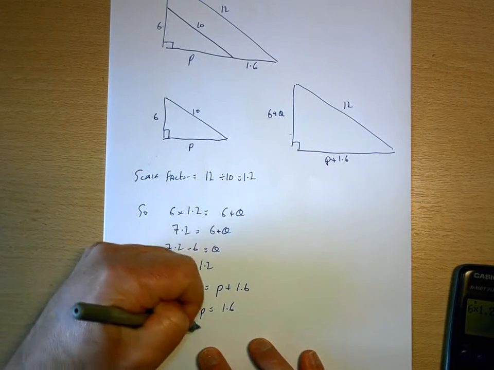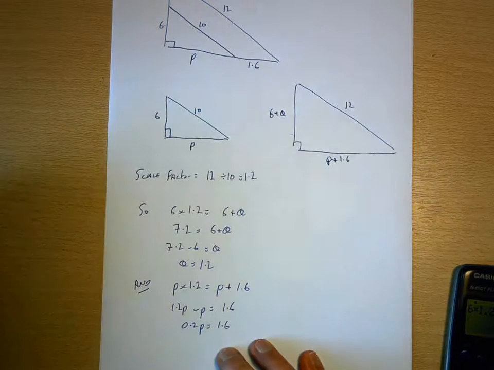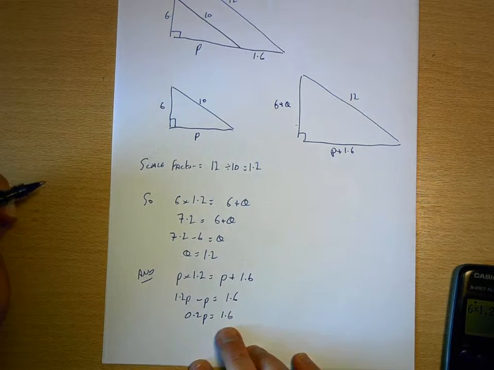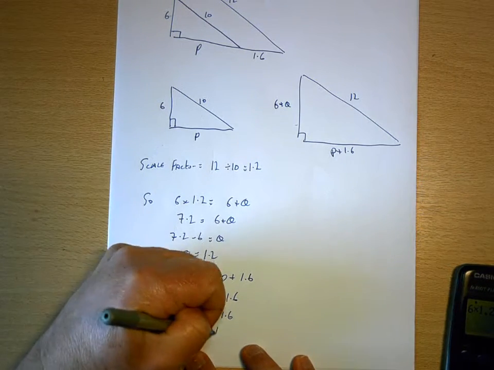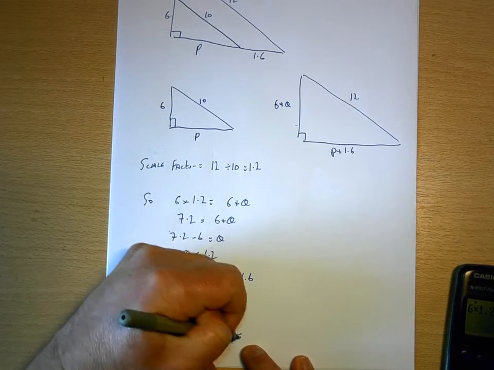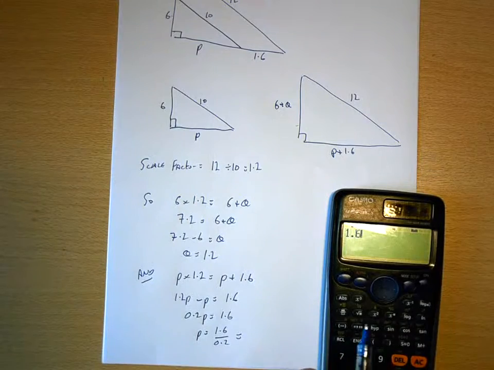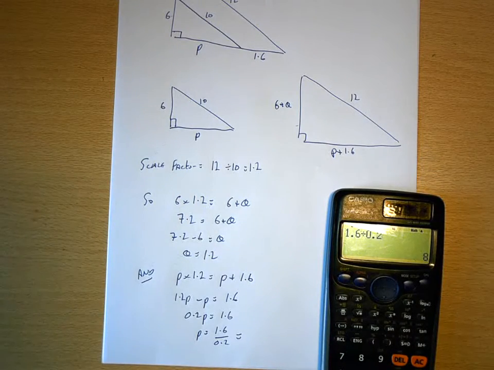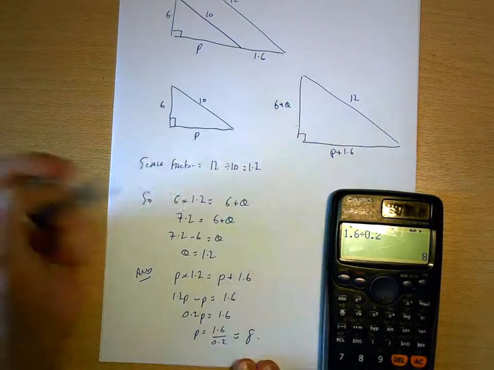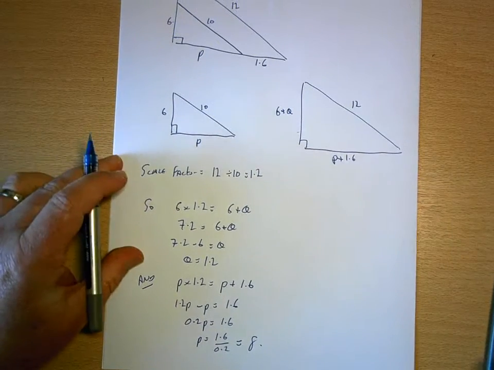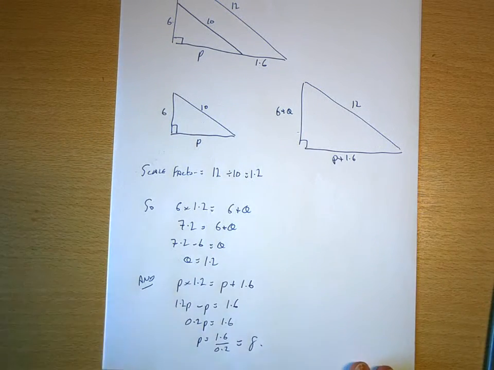So 0.2P is 1.6. To get the P on its own, I have to divide both sides by 0.2. So we get 1.6 divided by 0.2 equals 8. So P is 8. Okay, hope that helps.